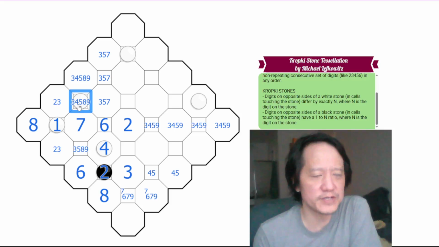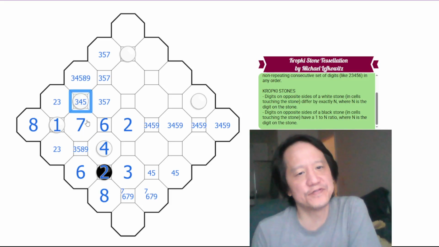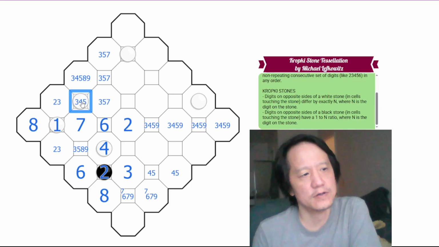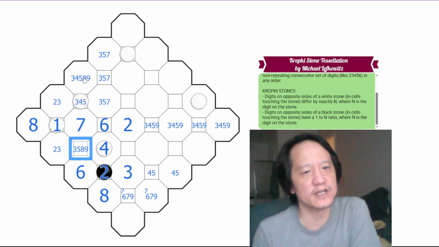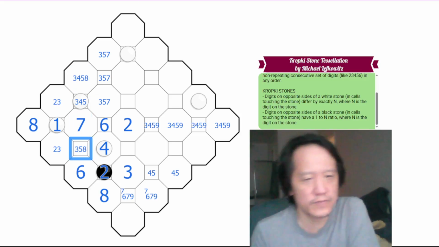This can never be a difference of 8 or 9 between these cells. So this is 3, 4, or 5. Since one of these is 3, 4, 5, this can never get to 9. So this can't be 9 here, this can't be 9 here.